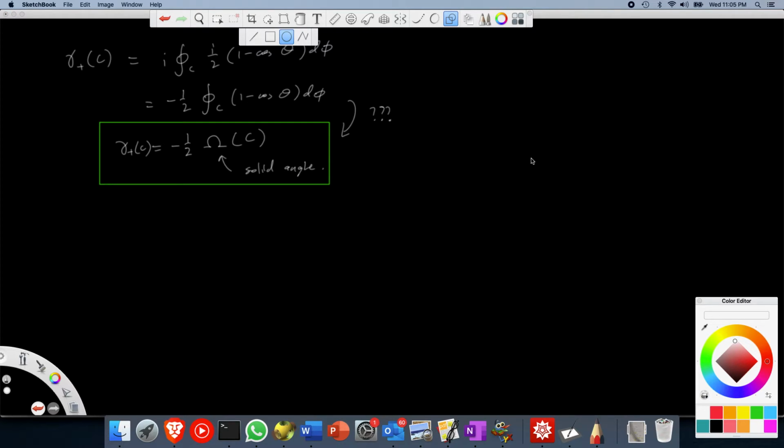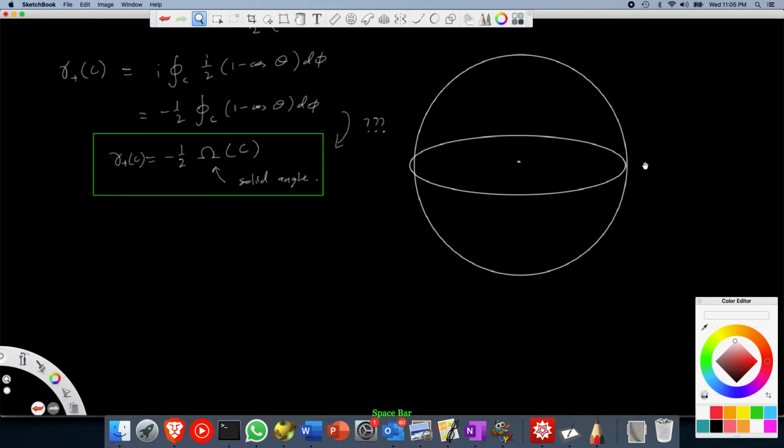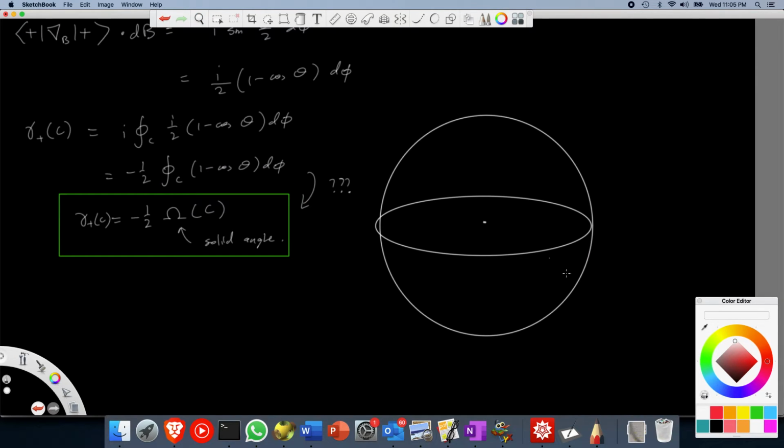So if we have a Bloch sphere, let's try to draw a nice Bloch sphere here. Oops, it's a bit out of shape, but I think it should be fine. If we have a Bloch sphere here, and let's say we have a magnetic field, let's denote the magnetic field in red.